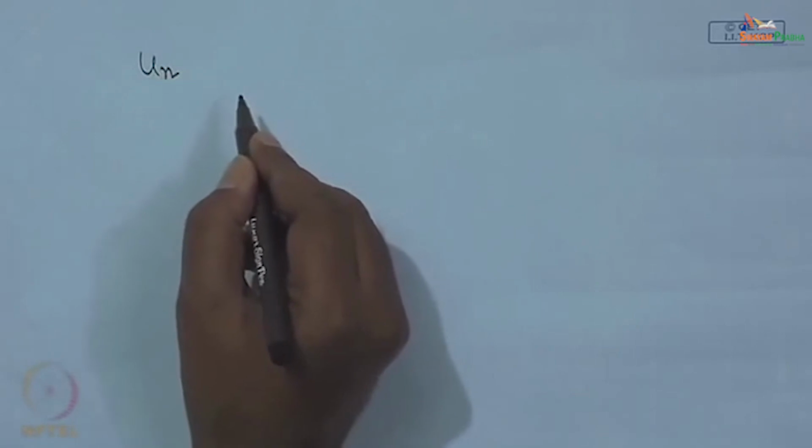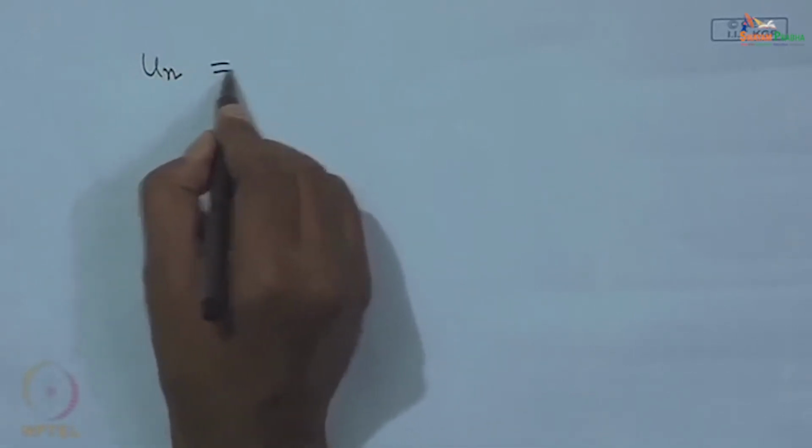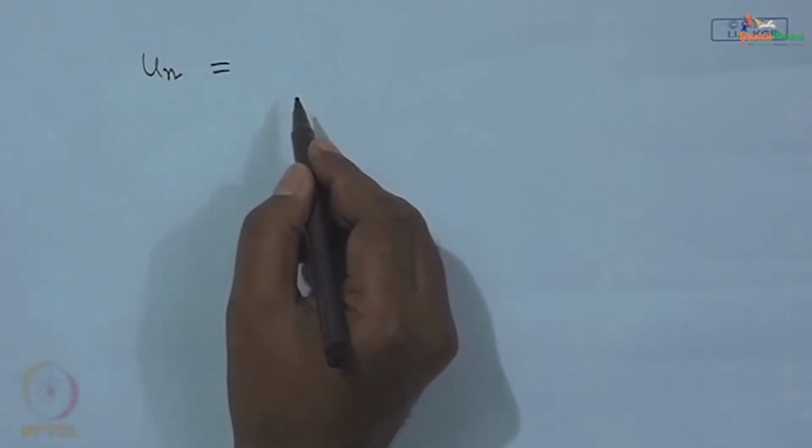Welcome to this session of this particular class. In the last class we were looking into the solution of the basic problem when the boundary condition is a Robin mixed boundary condition, and we have solved up to the value of u_n, the solution corresponding to the nth eigenvalue.